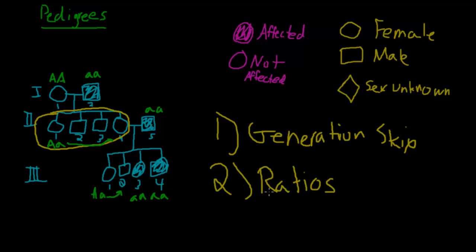I wouldn't use ratios as the main decider of dominant or recessive or any genotype stuff, because ratios are all based on probability. And even though they're probably correct, there is the chance that they're not. I would just use them to double check, okay, did this make sense? And if it did, do these also add up to it?